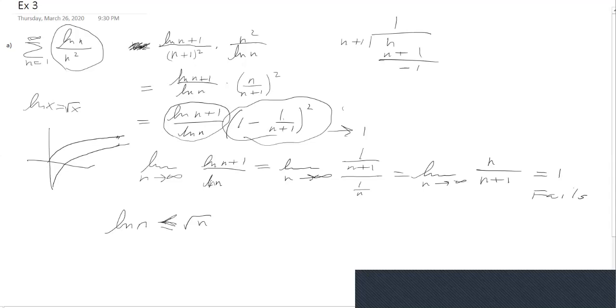If this were true, then there would have to be a 0 for this function. And if there were a 0 for this function, then it'd have to be over here somewhere. The difference between these two functions, it would have to occur over here somewhere.